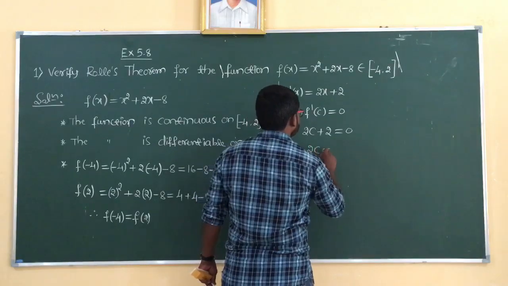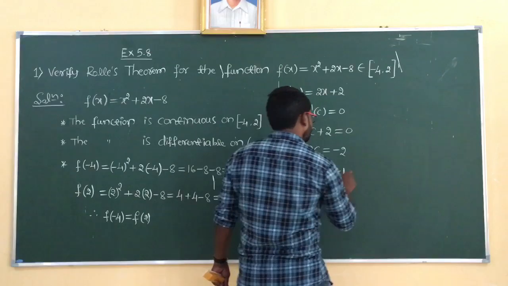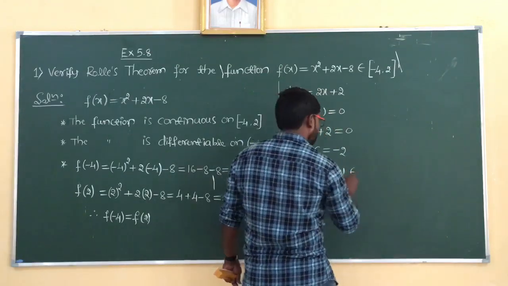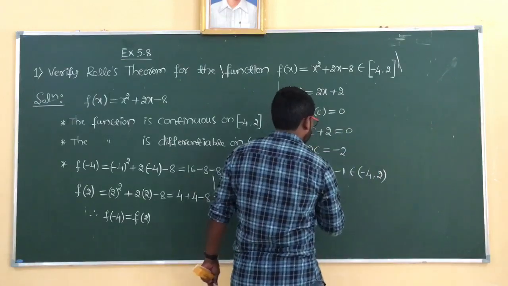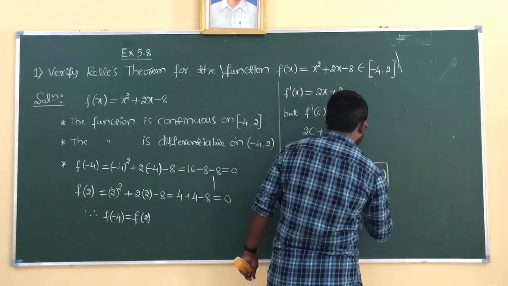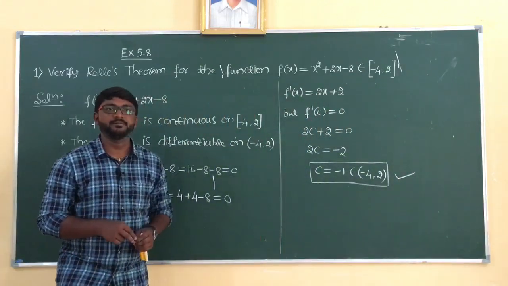So 2c equals minus 2, c equals minus 1, which belongs to the open interval minus 4 comma 2. So this is the value of c, and hence we have verified Rolle's theorem.